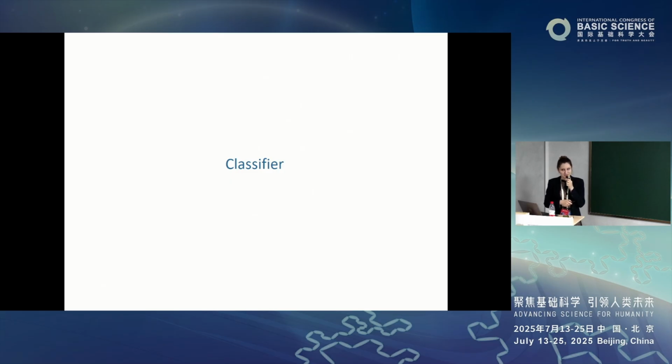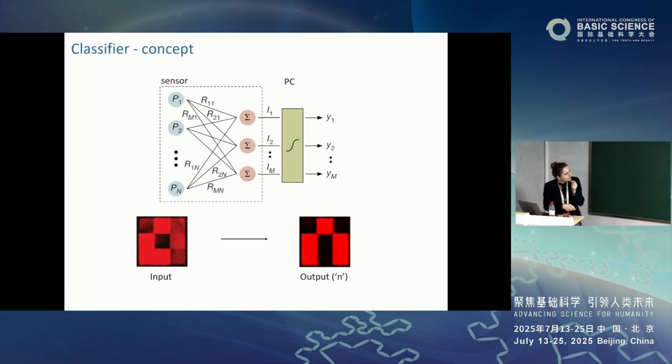So what we did, we used the neural network as a classifier. So what is a classifier? It classifies images. That's how easy it is. So we have some noisy input, and the neural network tells you, okay, I think it's N. It won't show you the image. It just points out the channel that says it's N. We partly did it on the chip, and we partly did it in our PC.